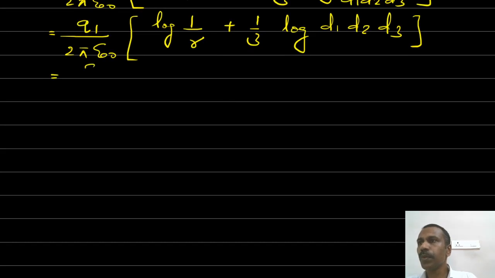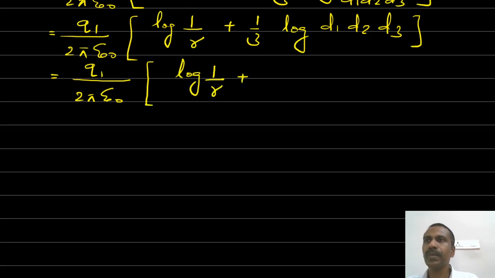So this is equal to Q1 divided by 2 pi epsilon 0 into log 1 by R plus 1 by x log D. What is 1 by x log D? It is log of the xth root of D. This is the formula we are going to use here.